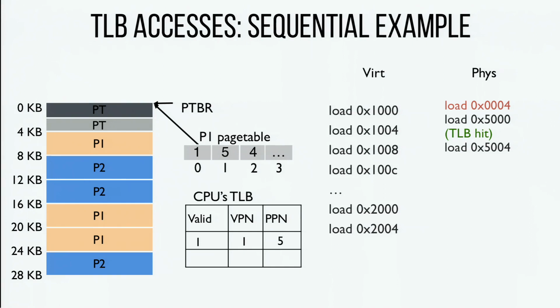So we don't have to have that other load. Now we just load directly from where we wanted to. That address 1004 is actually 5004 in physical memory. And every time we keep looking for virtual page number 1, we'll keep hitting in the TLB, and we'll keep finding out that the physical page number is 5. So all of those addresses will be pretty easy to do, and we'll get a bunch of hits.